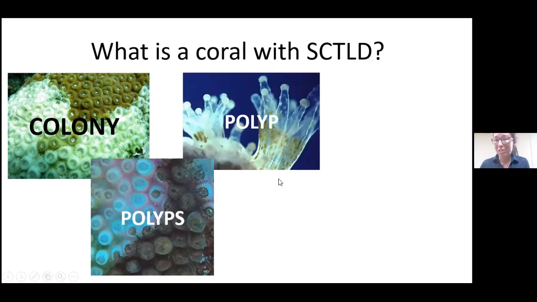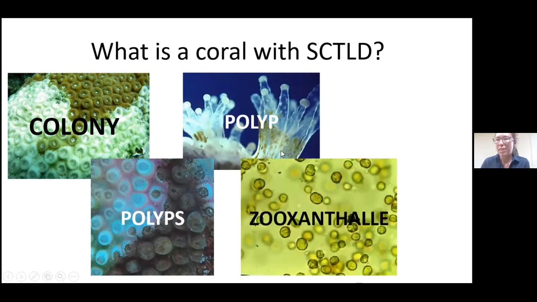And so what does a coral with SCTLD look like to the individual polyp? That's a good question. We don't really know. We've seen it affecting individual polyps, like down here on the Montastraea cavernosa, but what's happening inside of that polyp? What's happening inside the zooxanthellae? What's going on with that relationship, and how is it affecting that relationship? Unfortunately, at this time, we really don't know.